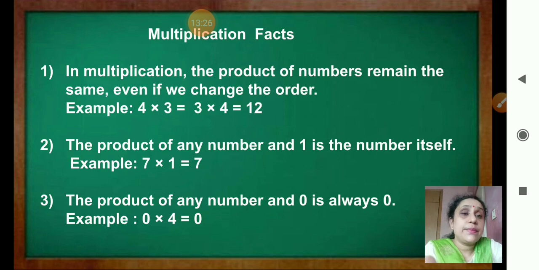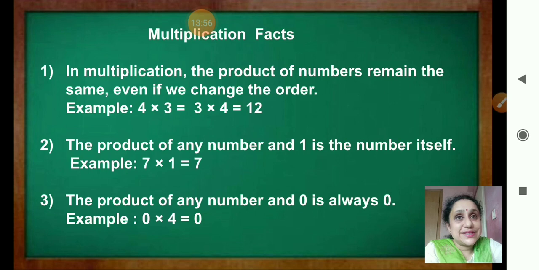Now see the example. 4 threes are equal to 12, and again 3 fours are equal to 12. When you say the table of 3, 4 threes are 12, and 3 fours are also 12. So if you change the order, the product in multiplication will be the same. Okay. Can you tell me one more example?